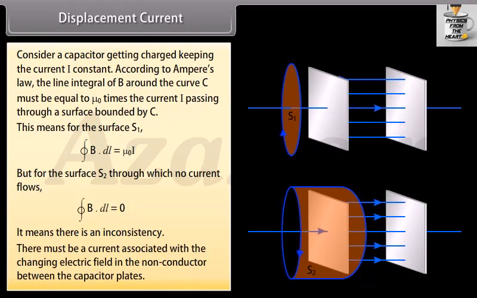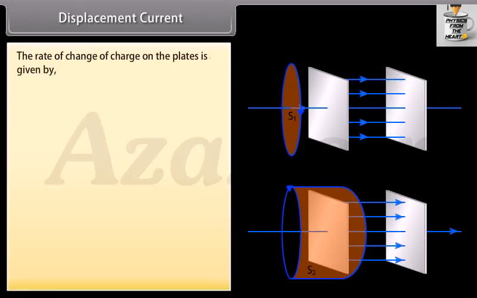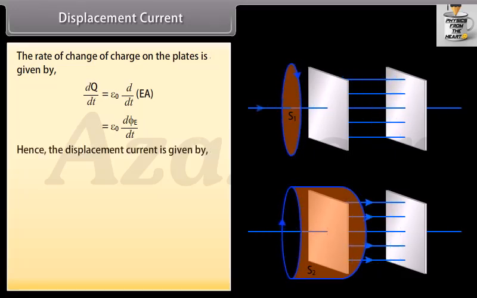There must be a current associated with the changing electric field in the non-conductor between the capacitor plates. The rate of change of charge on the plates is given by epsilon naught d upon dt of EA, which is equal to epsilon naught d phi E by dt. Hence, the displacement current is given by I_D equals epsilon naught d phi E by dt.